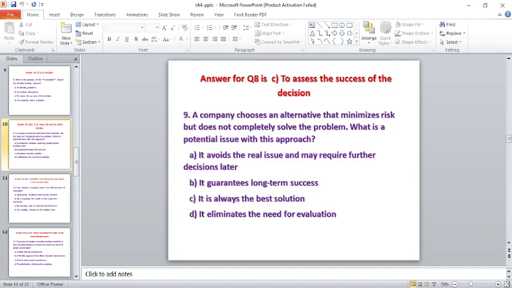B. It guarantees long-term success. C. It is always the best solution. D. It eliminates the need for evaluation. The answer for question number 9 is A. It avoids the real issues and may require further decisions later.